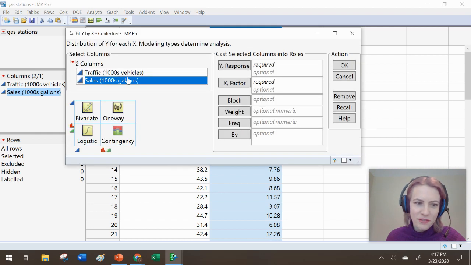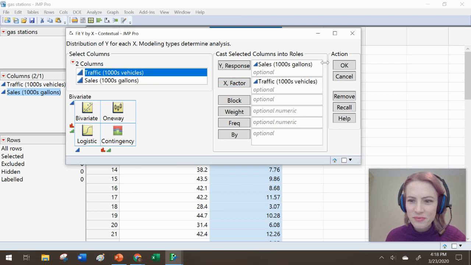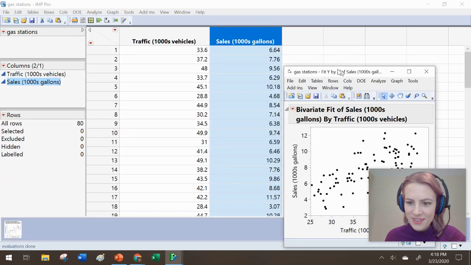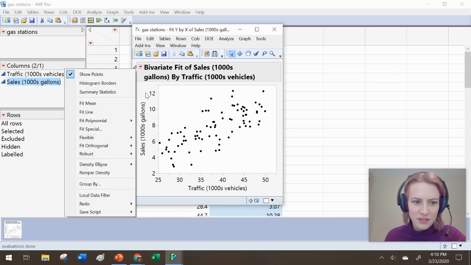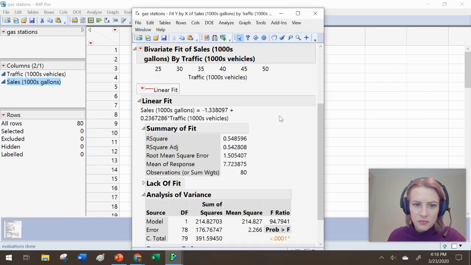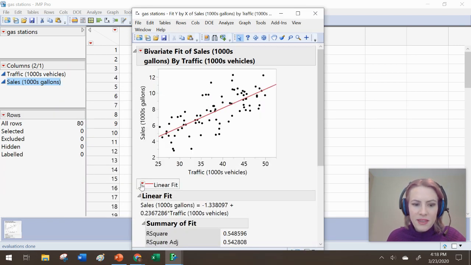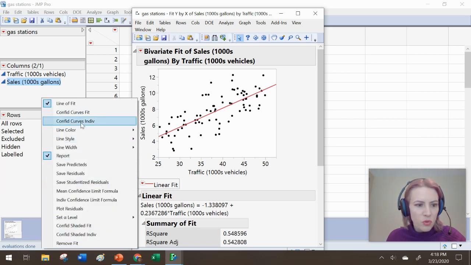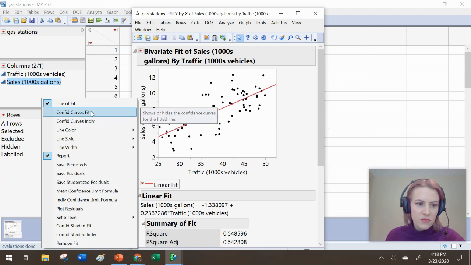We're fitting y by x, same as we've done about 100 times at this point. So we're predicting sales based on the traffic, and I'm going to fit a line. Then it's by the red triangle next to linear fit where I can ask for those curves. Let me start with the confid curves fit.